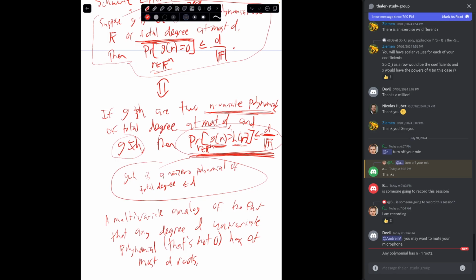I have one, maybe it's stupid, but just for the intuition. If this random value would be the same for each of the n variables, what would change? Interesting.